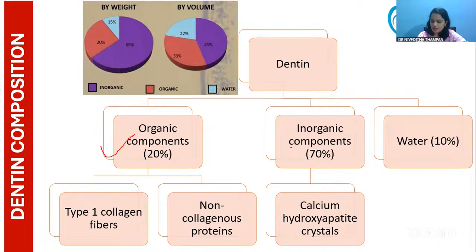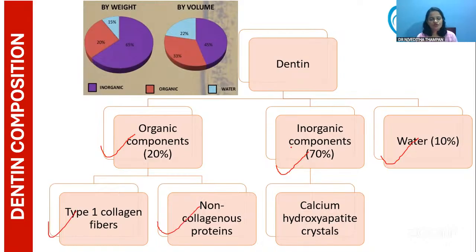Now, if you look at dentine, it also has organic components, but more than the enamel. Inorganic components like calcium hydroxyapatite crystals are also present, and water content is also more in dentine. The organic components of dentine are mainly type 1 collagen fibers and non-collagenous proteins.